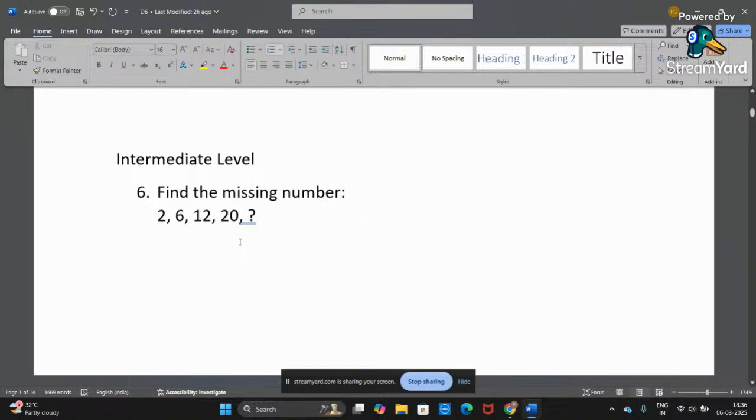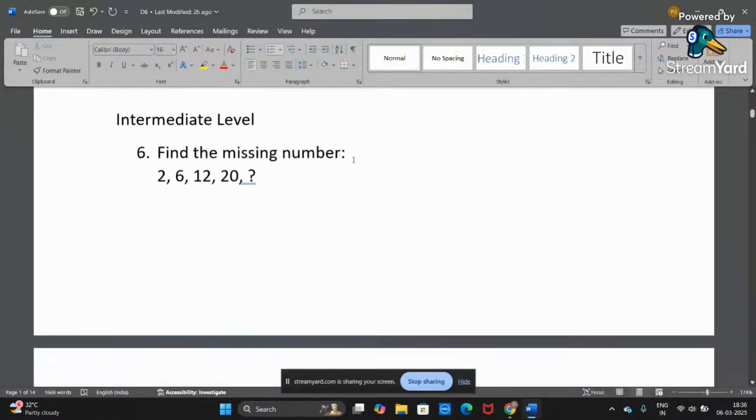Next, let's move on to the next one. Find the missing number. 2, 6, 12, 20. After 20, what is the missing number here? First, we need to find out the logic.